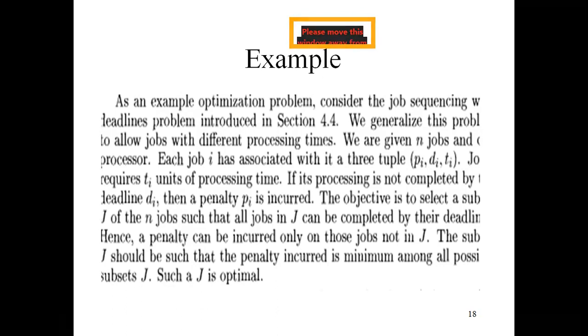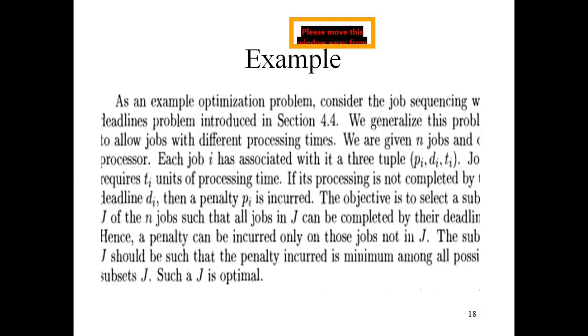The objective is to select a subset J of the n jobs such that all jobs in J can be completed by their deadlines.